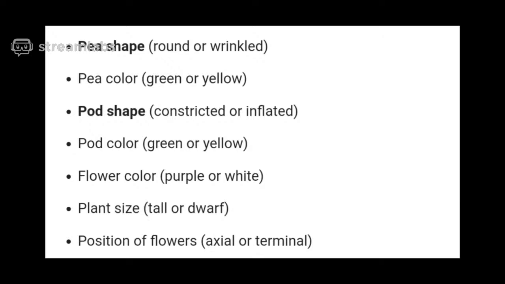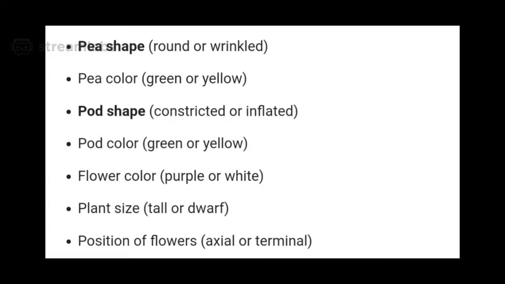Pod shape, that means fruit shape, constricted or inflated. Pod color, the color of the fruit, green or yellow. Flower color, purple or white. Plant size, tall or dwarf. Position of the flowers, axial or terminal.